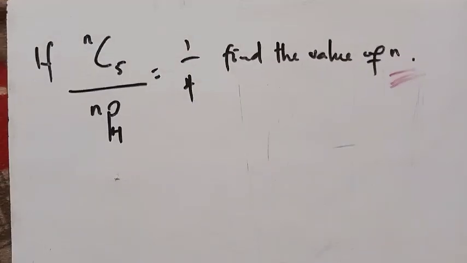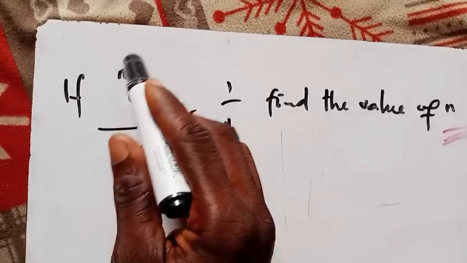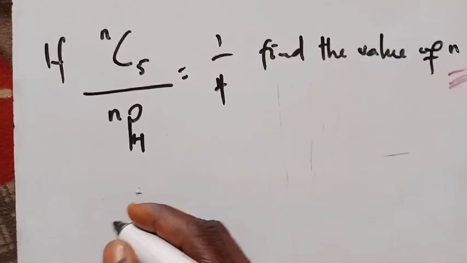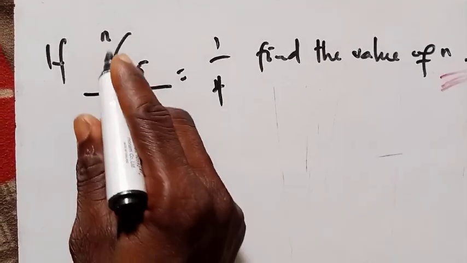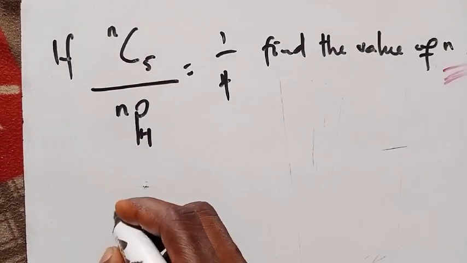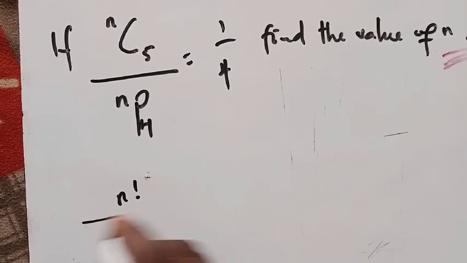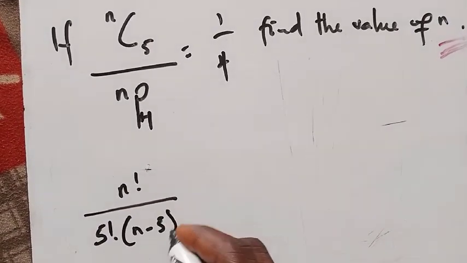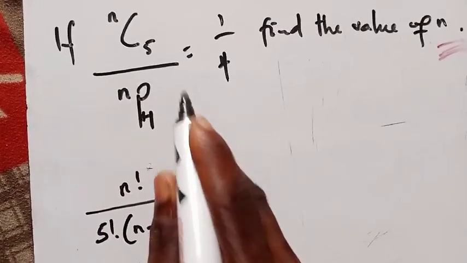Okay, now your starting point requires you to know the meaning of this. As you've already seen from the first part of the video, the top one is n factorial divided by 5 factorial, everything multiplied by n minus 5 factorial. That is for the top one, right?